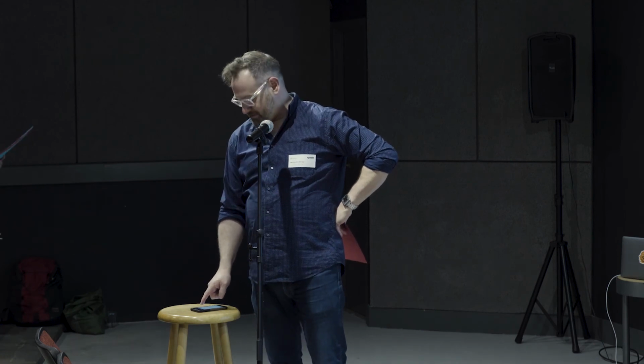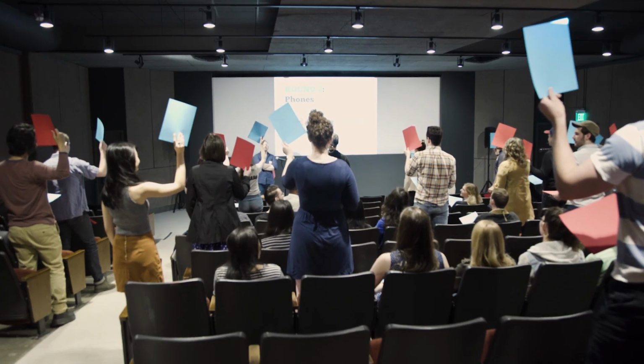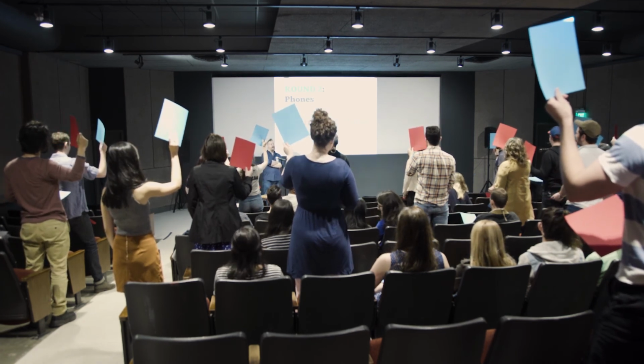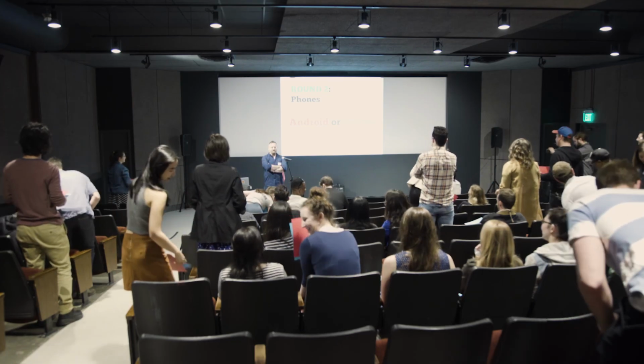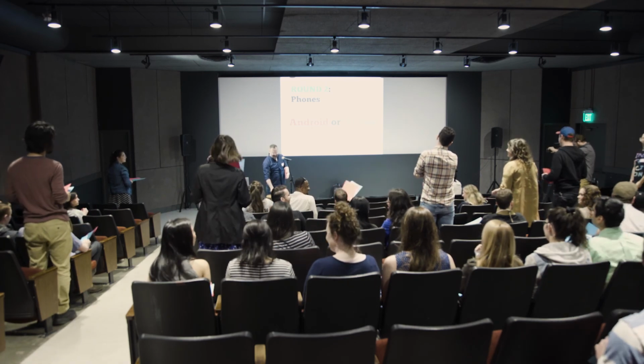Those of you who successfully, round 2 is phones. Android or iPhone? 1, 2, 3, shoot. Looking like, I think iPhone, so I think that means Android. You're staying up, and iPhone, sit down. All right?